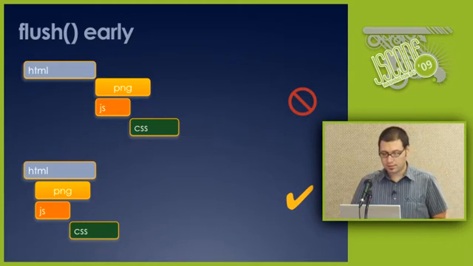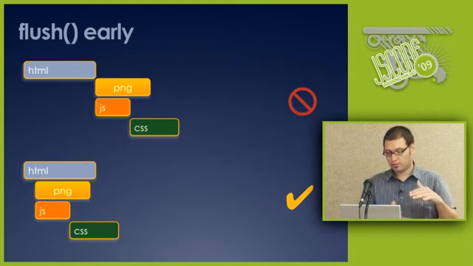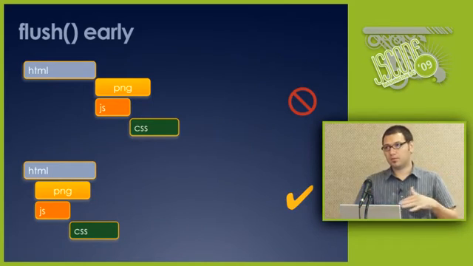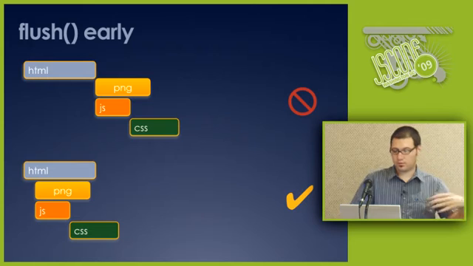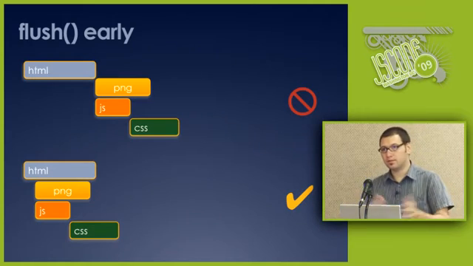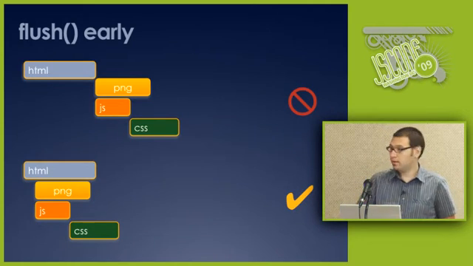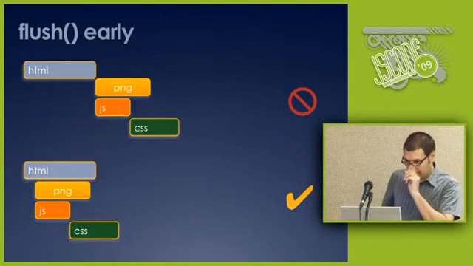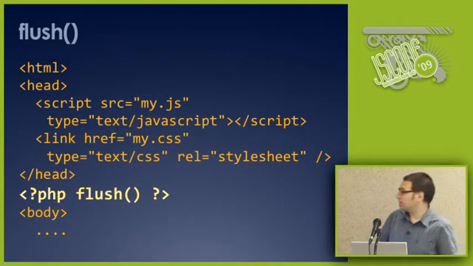This is done by flushing the content, the HTML that you already have, while your backend is still requesting some more data and working on the full response. Then you can, at the same time, start downloading your components. So, for example, this is a PHP example. It's just a function called flush, right?